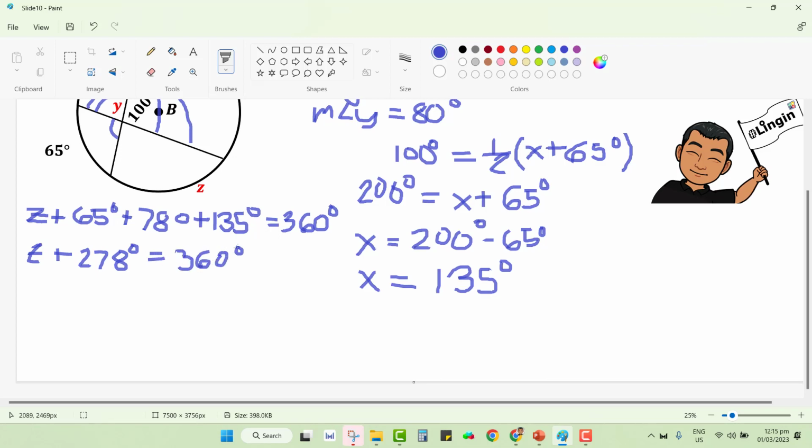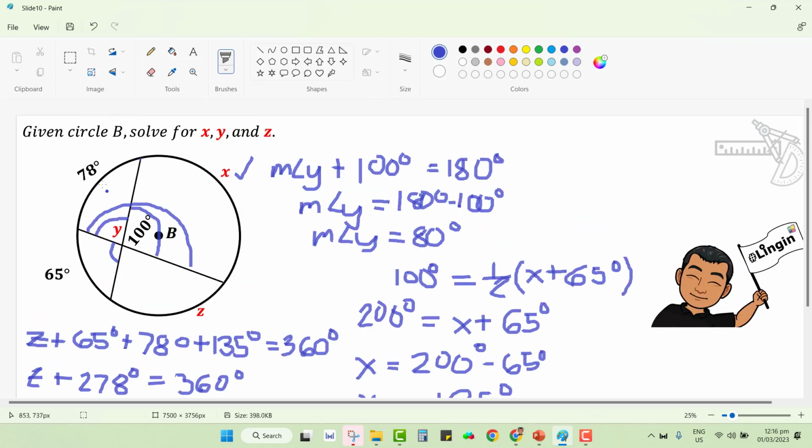By the use of the subtraction property of equality, you will get the value for z, which is this arc, to be equal to 360 minus 278, which, if I'm correct, is equal to 82 degrees. This is the value of z using the concept of circumference.